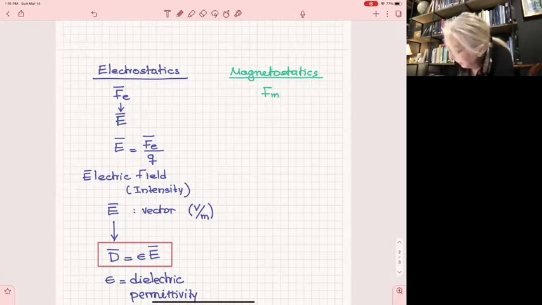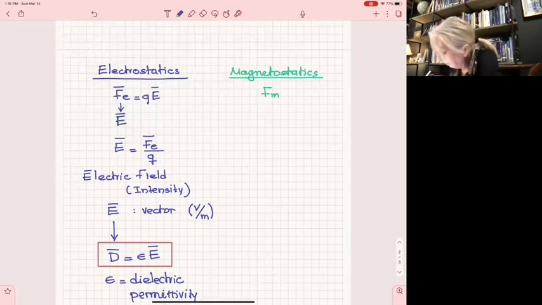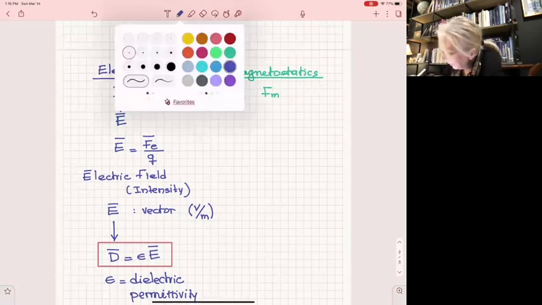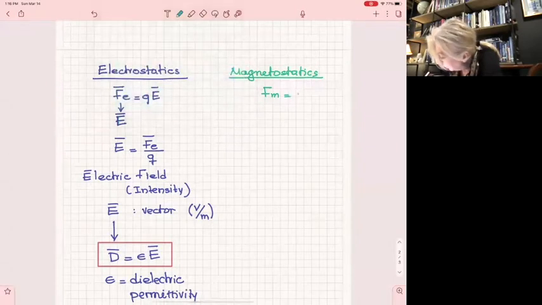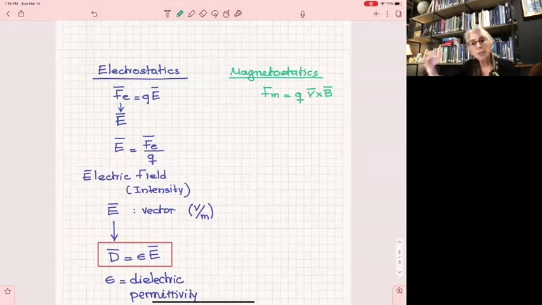If you remember, we have here, this one was practically QE, from the relation before. F sub m is nothing else but Q V, which is the velocity of the charge, cross B. Okay, that is how this is defined.